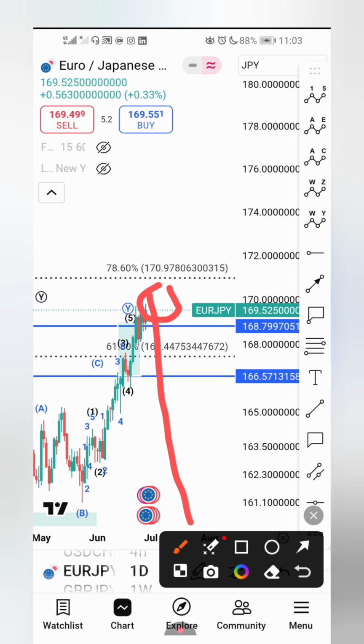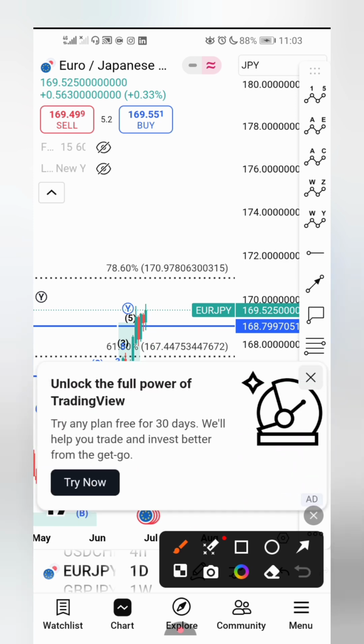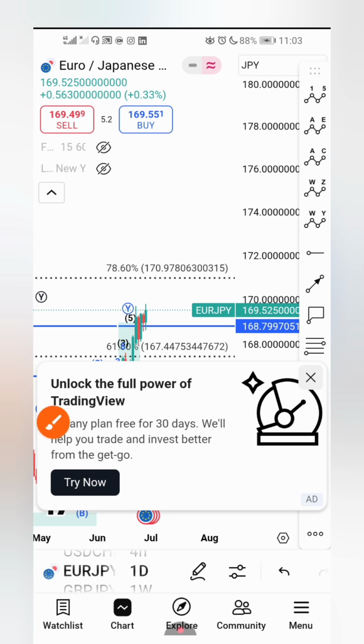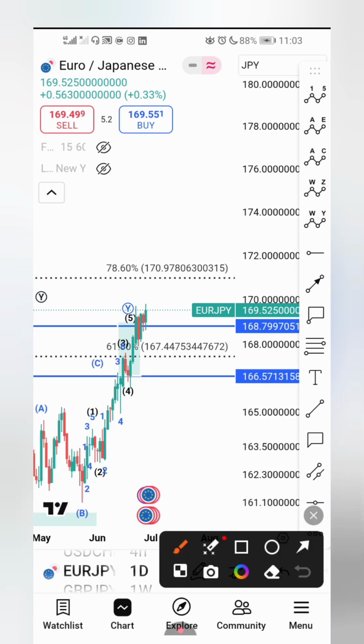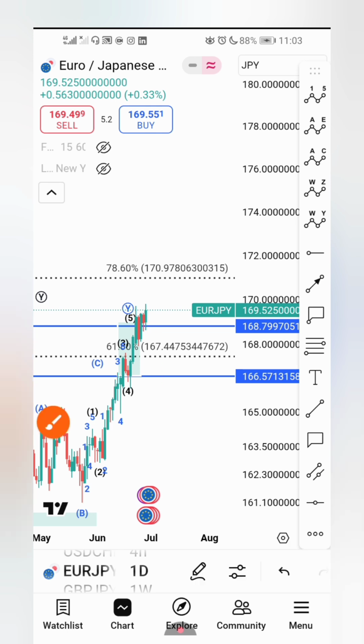I will look for a setup in the lower time frame, then sell the pair. If I see a setup on a lower time frame, I will sell it down. So what are we going to do? We are going to wait for it to give us a clear setup, then we can sell. So that is all for this guy.